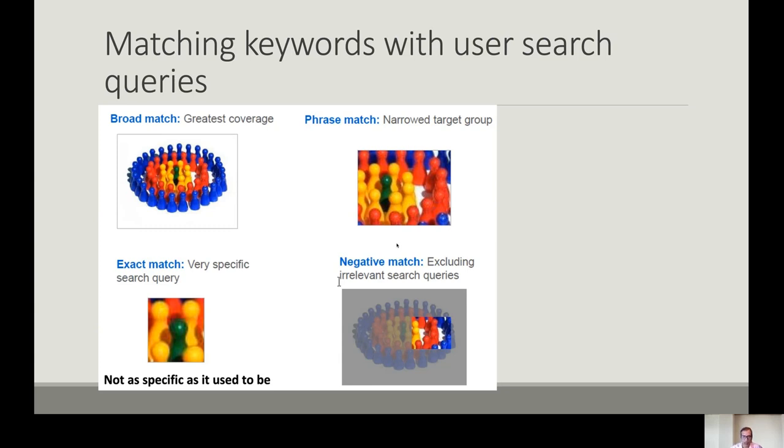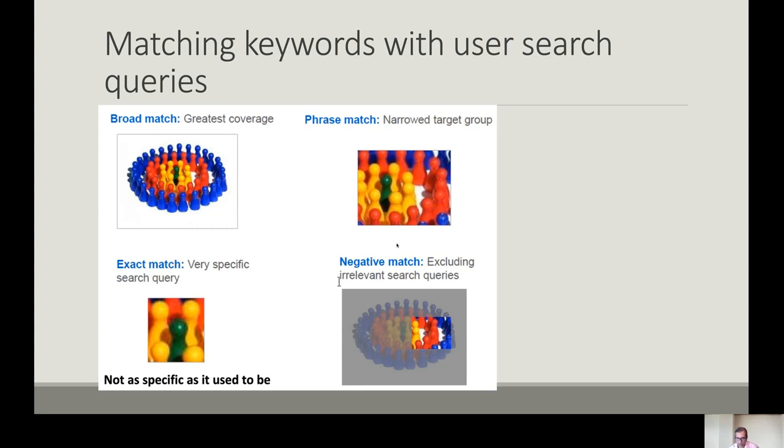A very interesting kind of matching is what is called the negative match. Now, what is this negative match? Typically, matching says when my keyword matches up with a query.